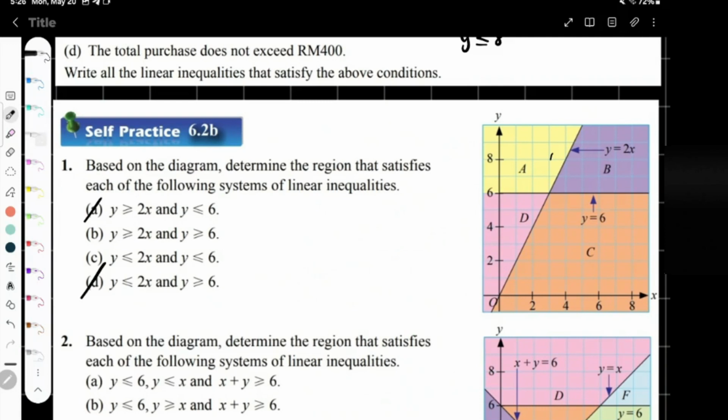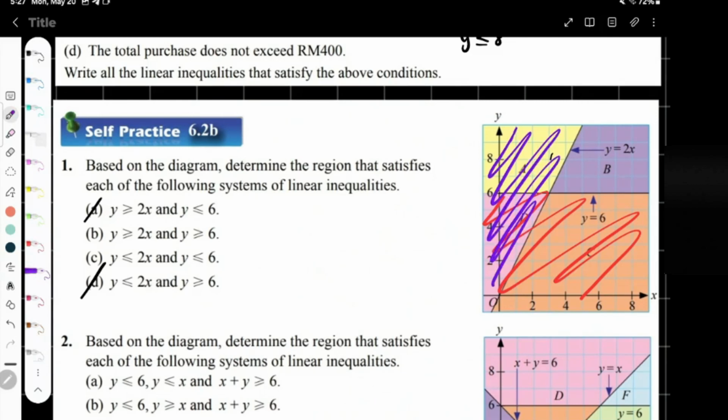Okay, so if they say y is more than, look at the line: it should be above the line. Already done. And then it said y should be less than 6, so look at the line here. Look at the intersection. Where are they intersecting? This part here.